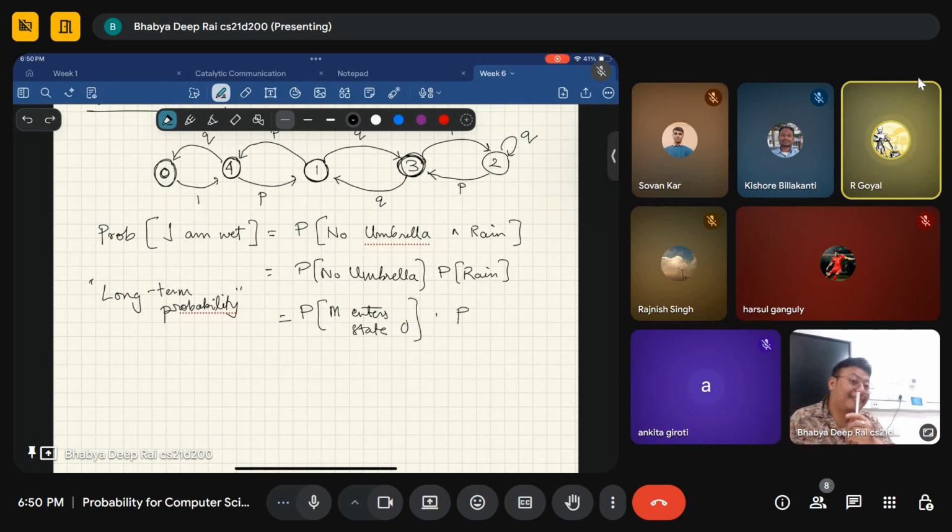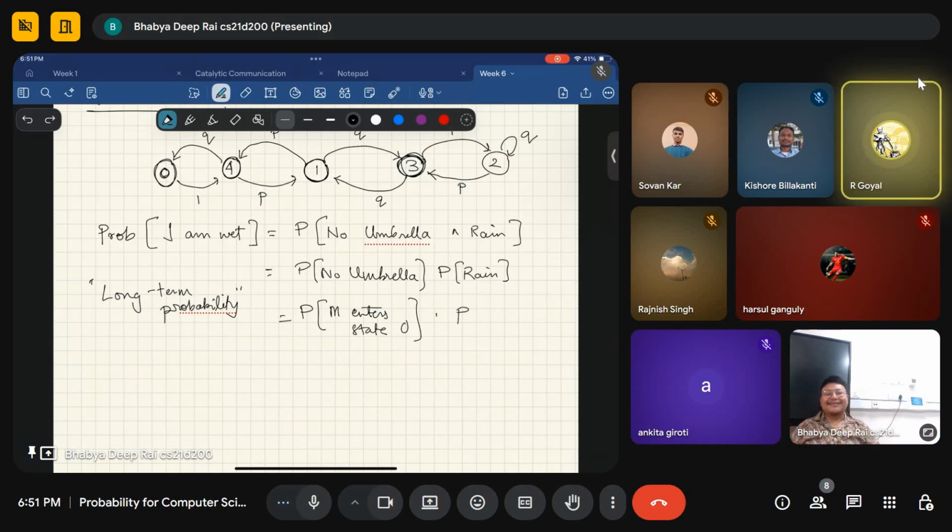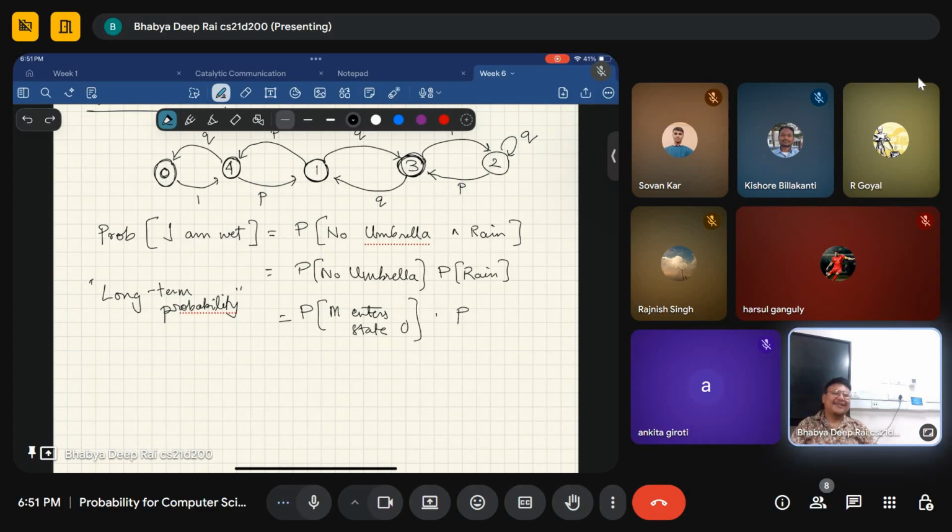This will not depend on states 1, 3, and 2. But then you need to compute the probability that you enter state 4. It is quite possible that I may keep on moving from 4 to 1, 1 to 4, 4 to 1, 1 to 4 infinitely, and then finally I make a jump from 4 to 0. Yes, that's right.